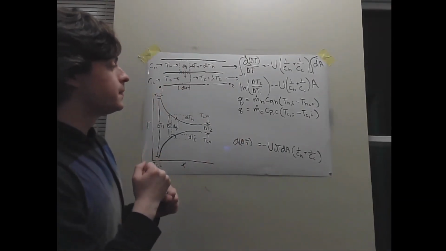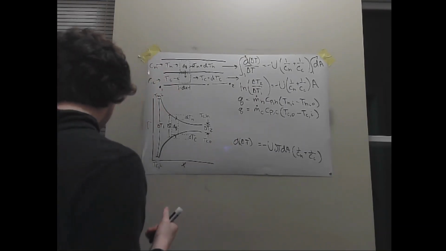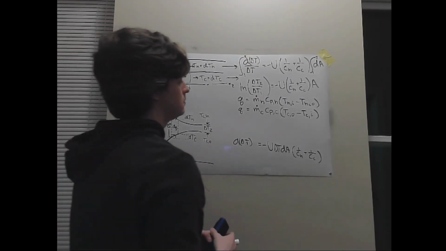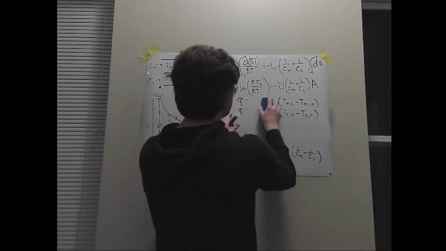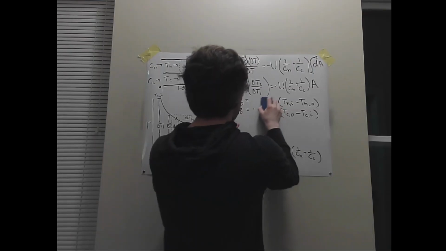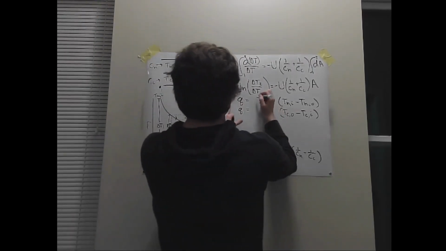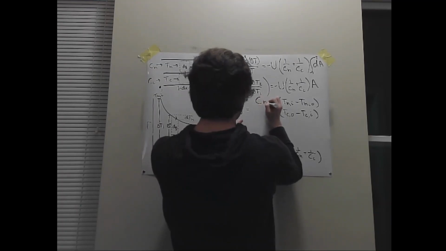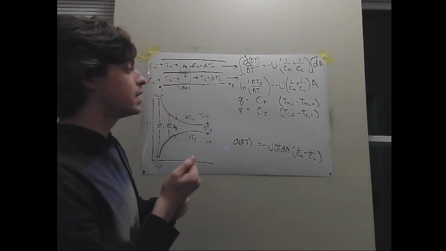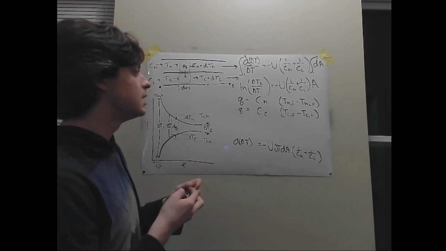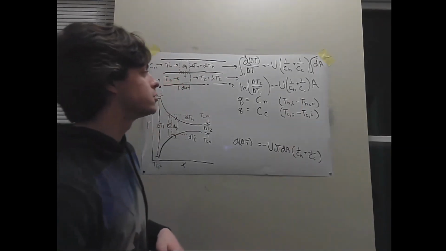And so now that we have these two, we can rewrite them using the heat capacity rate, which gives us the heat capacity rate of the hot stream up here and the heat capacity rate of the cold stream down here. And then we can substitute these values in for our terms in our equation.